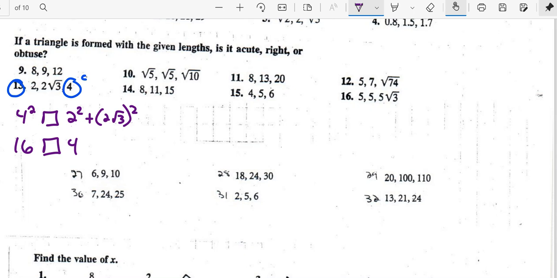And then over here, practice keying that in your calculator. When you do all of that, you end up getting 12. Next thing, you end up with 16 equals 16. This triangle's right.